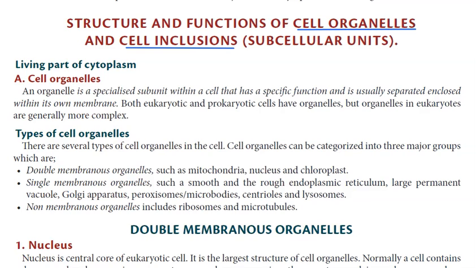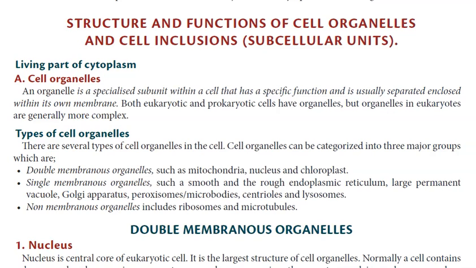The life of the cell is supported by the smaller units which are present in it. The smaller units which are present within the cell, they help to make the cell survival iwe rahisi. Ndo maana tunaziita subcellular units.